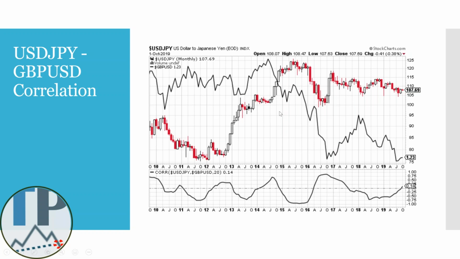Okay, now on this next chart, what we're looking at is the dollar yen and pound US dollar, and again it's an illustration of how this correlation really jumps around.